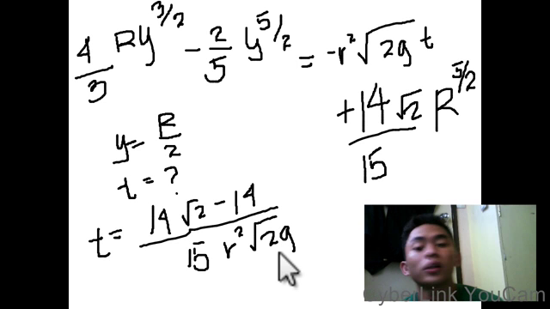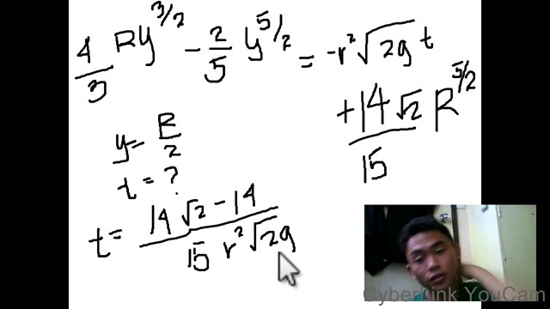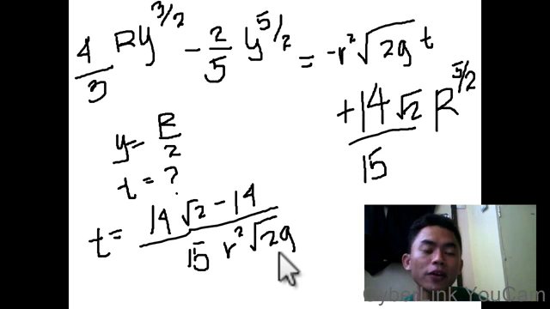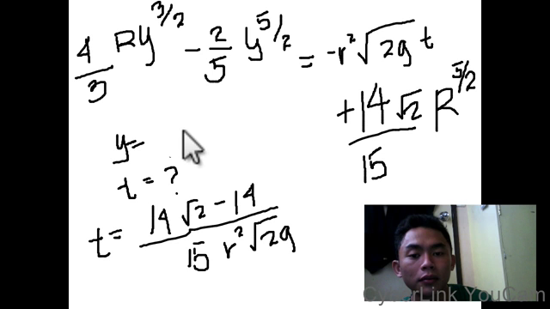It's just simple arithmetic, substituting y into our particular solution, and we get the time t because there is only one unknown. So t is equivalent to (4 square root of 2 minus 14) over 15 r² square root of 2g.